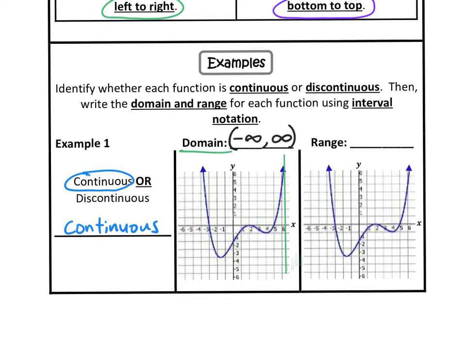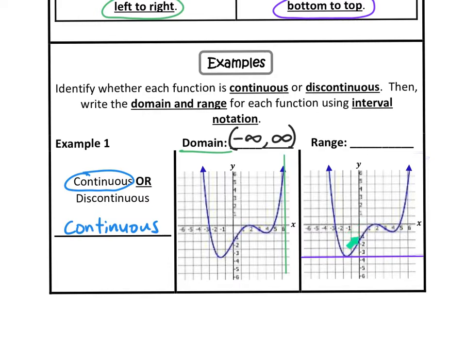Okay, now let's look at the range. And remember, for the range, we were looking at it from bottom to top. So I'm drawing a horizontal line, and we're going to scan this way. When do I start touching the graph? Looks like at this value. What is this value? Let's count it to make sure.